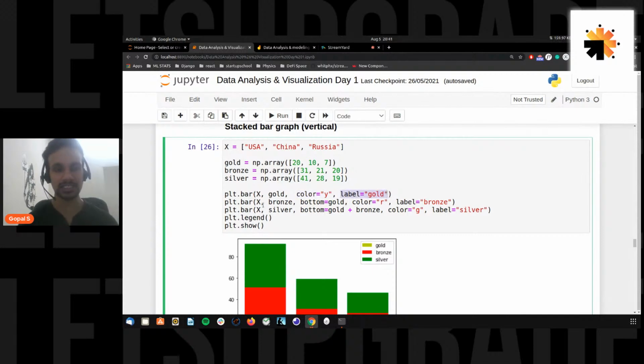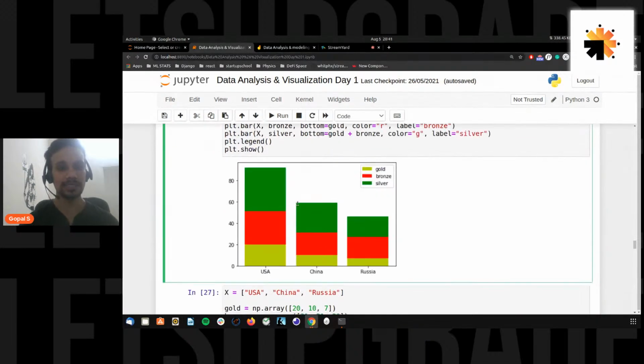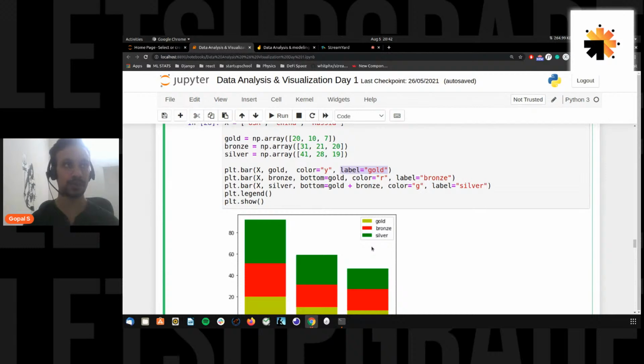And again x, bronze, and bottom. What exactly do I mean by that? Since we have stacked the gold values, these gold values will work as the bottom for the next stack, or the next subclass value, which is the bronze one.